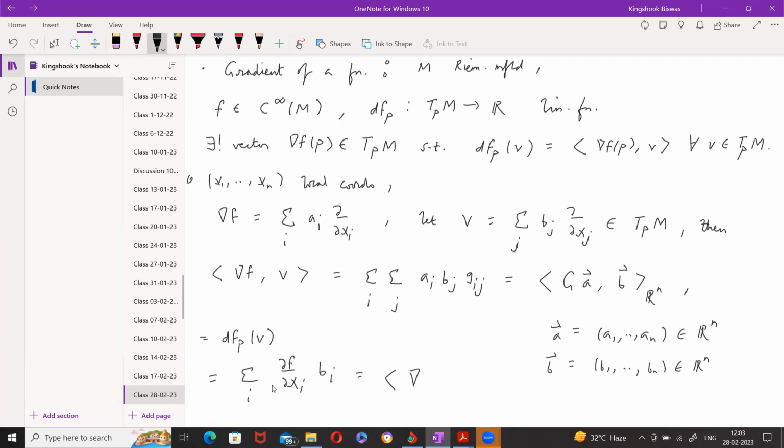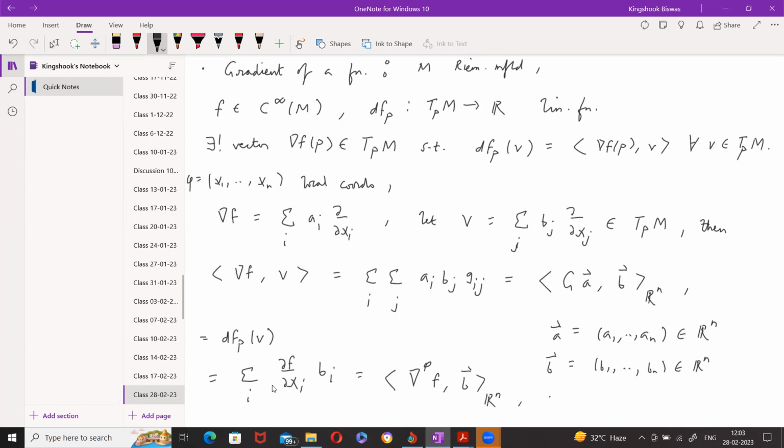If I call this chart phi, then the Euclidean gradient vector grad phi f has components del f del x1 up to del f del xn, inner product with B in Rn.